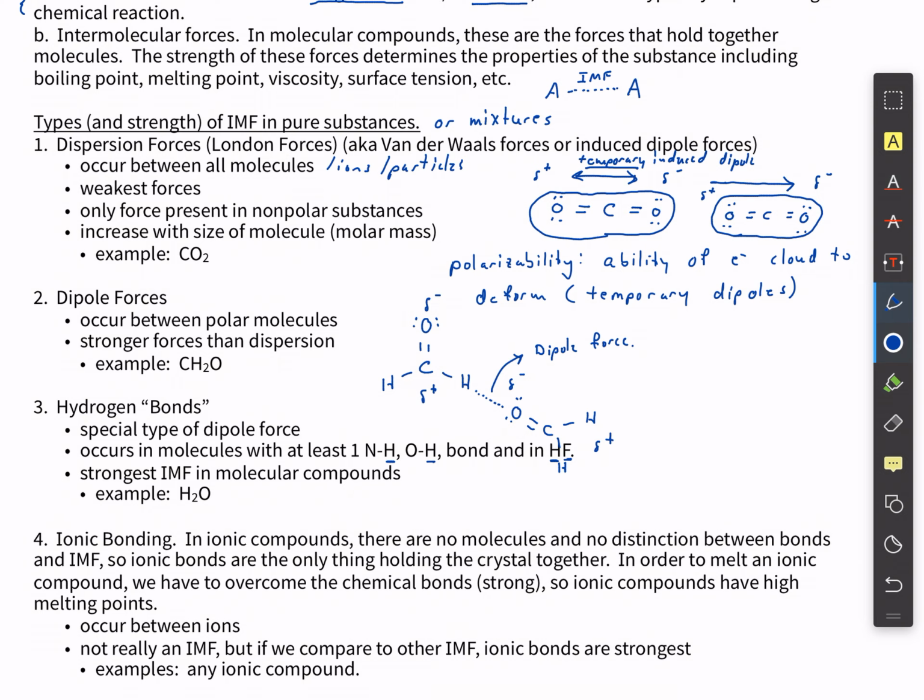And so the classic example is water. Water has this bent shape, which creates a permanent dipole. And so the next water molecule comes up here, has also its partially positive and partially negative end.